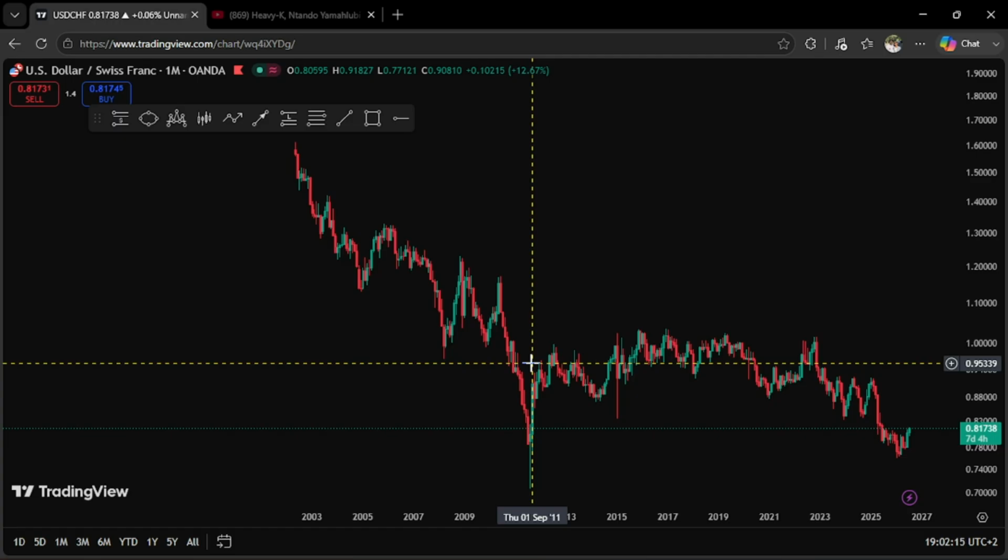I was mostly looking into US dollar against the Swiss, and then EU, GU, and I think some Nasdaq trades. Those are the four pairs I will be going through, on what I saw as potential for them to play out. So let's go down into it.